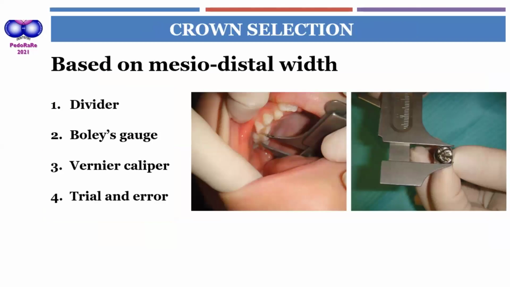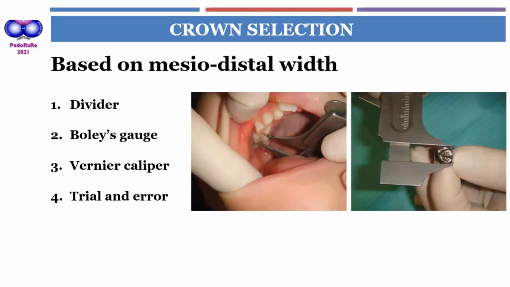Once the case is selected, the next step is crown selection. These are all preformed crowns from various companies which have come up. So we need to know the mesiodistal width of the tooth which we are going to prepare. We use a divider, a Boley gauge, vernier calipers, or trial and error.